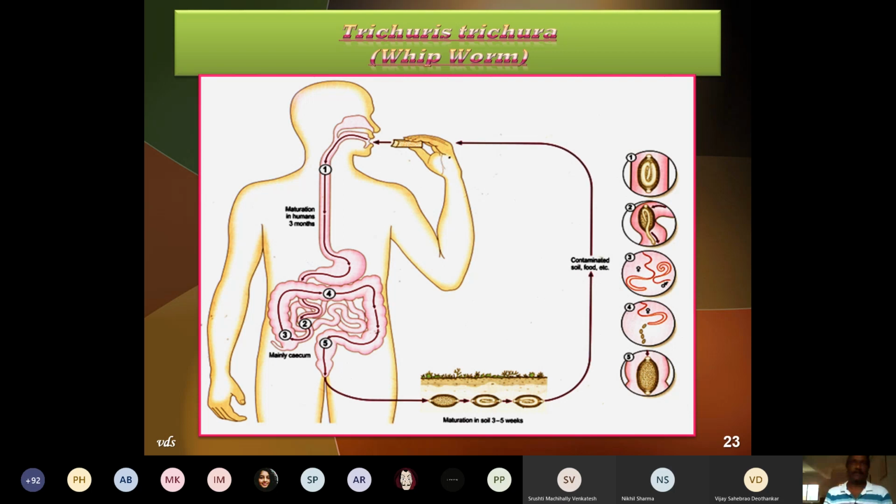When this larva comes into the intestine, it gets converted into the adult worm directly. It does not invade the bloodstream or the mucosa. Directly, it gets converted into male and female parasites. After mating, the eggs are liberated, which are spindle-shaped and bile-stained, and they are thrown out in the feces. That is the simple life cycle.